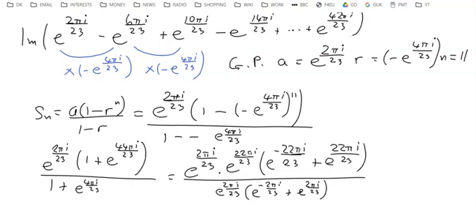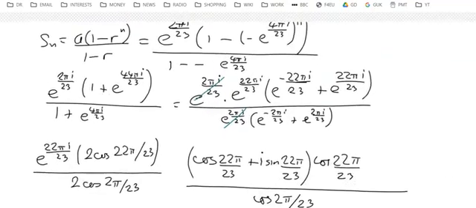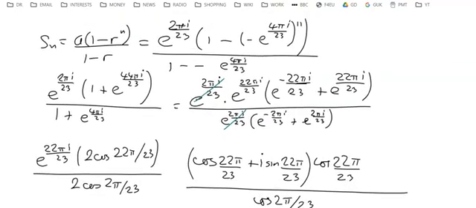We do the usual tidying up and factorization, and we can cancel those two out, and so we find that we have e^(22πi/23) times 2 cos 22π/23 over 2 cos 2π/23. If we look again, the imaginary part of that will be sin 22π/23 times cos 22π/23 over cos 2π/23.